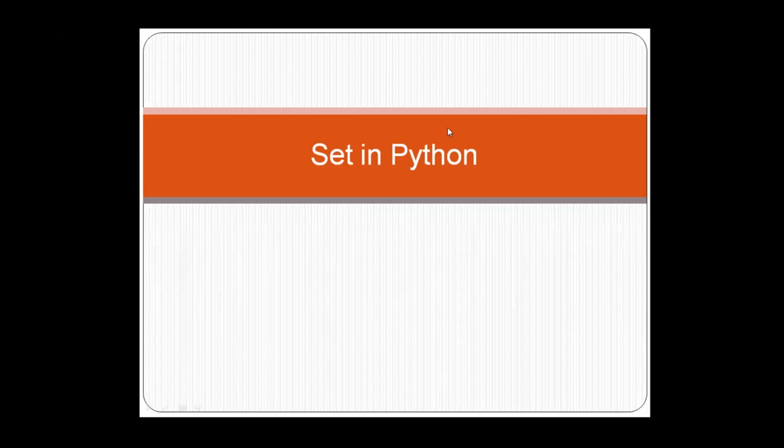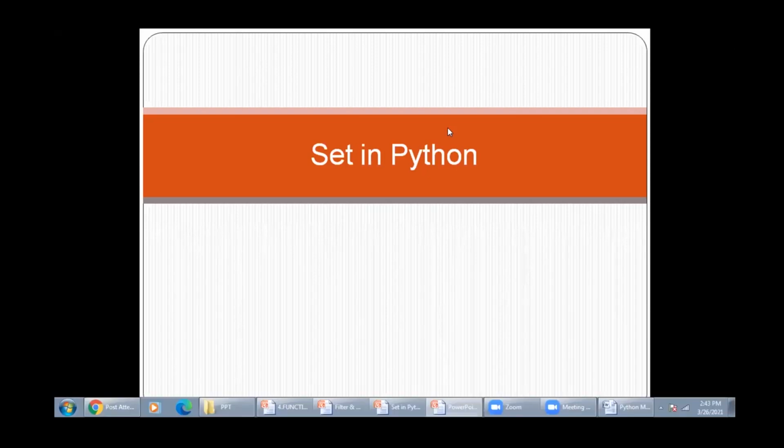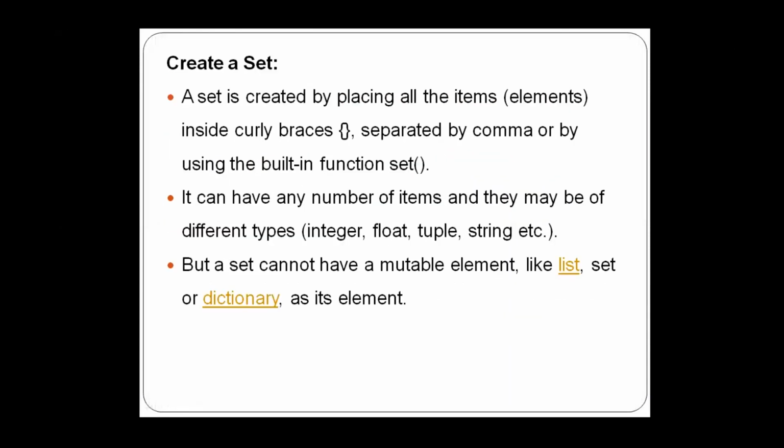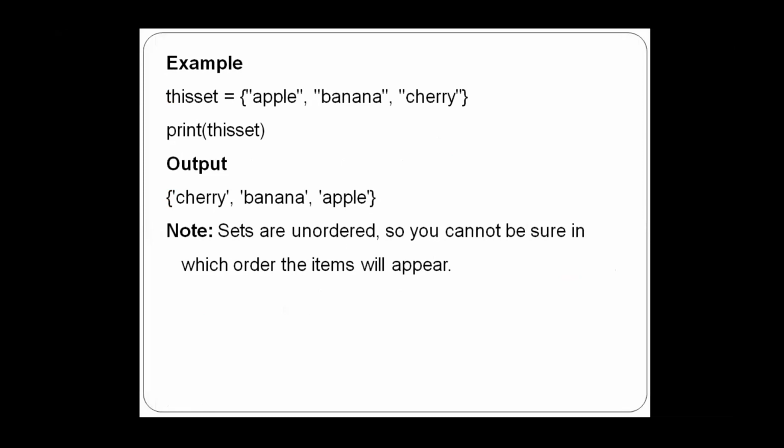You have not heard about sets in Python? Enclosed in curly braces. Right, I'll show you. Tell me if you can remember anything about sets in Python. What about the data types that can be added to it?